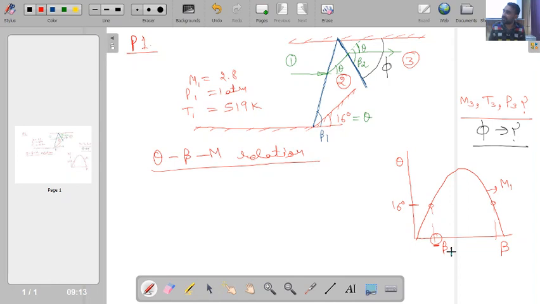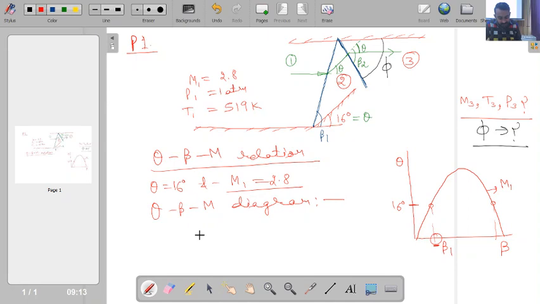Is this point clear? So what I have to do now, for theta equal to 16 degrees and Mach number equal to 2.8, is refer to the theta-beta-M diagram, and from this diagram I find the value of beta 1 as equal to 35 degrees.